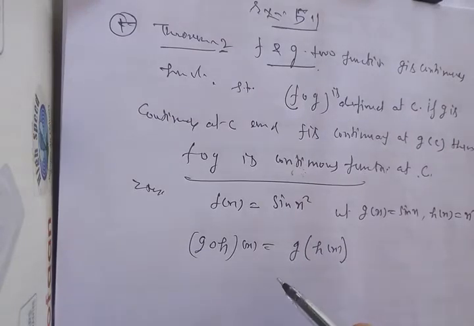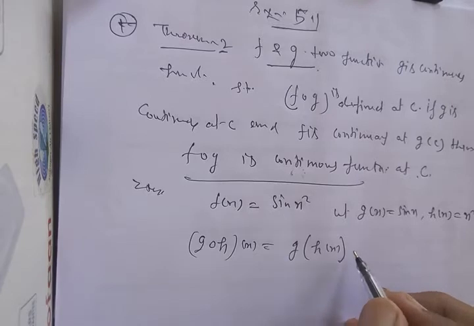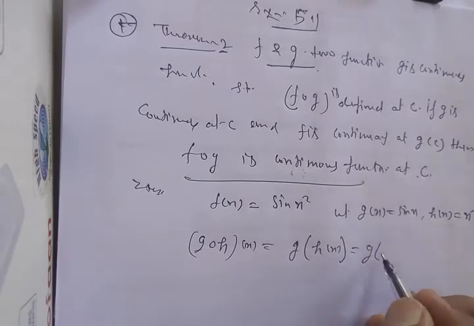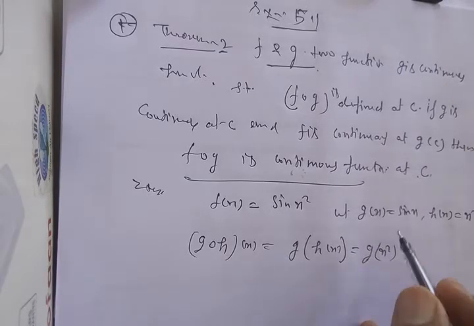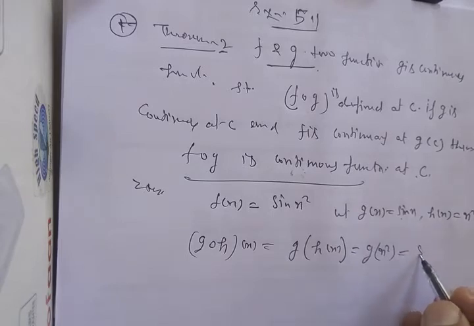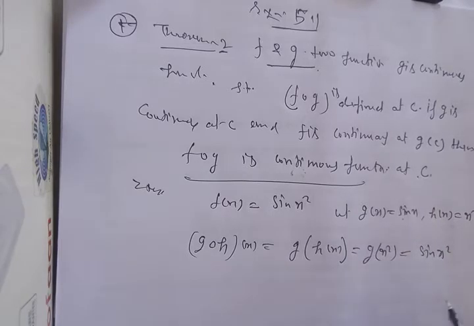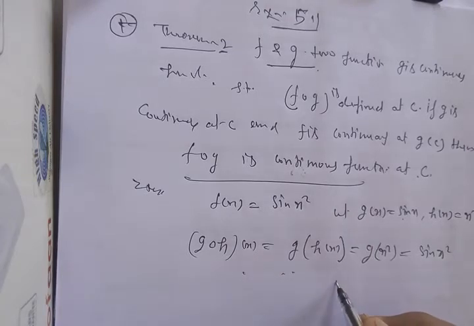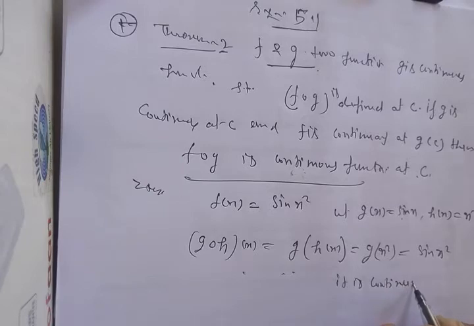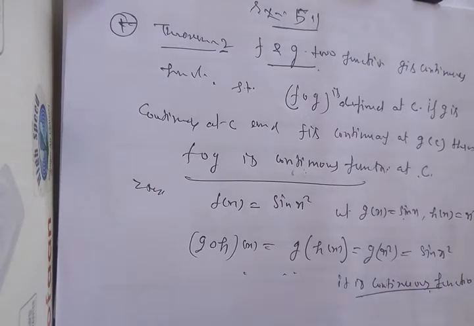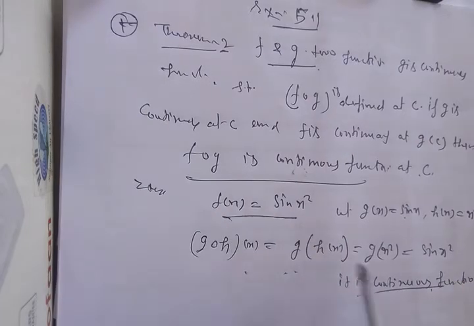We already studied this fog type question in chapter 1. So g of h of x equals sine x square. This type of question is therefore a continuous function. This form is also clear. Okay, the given question is also verified.